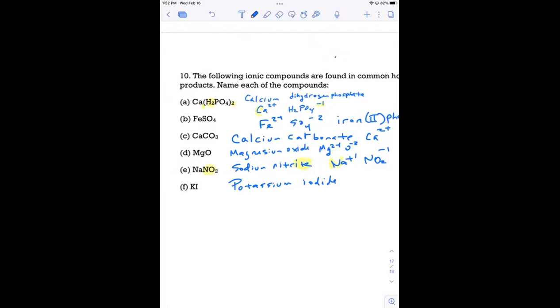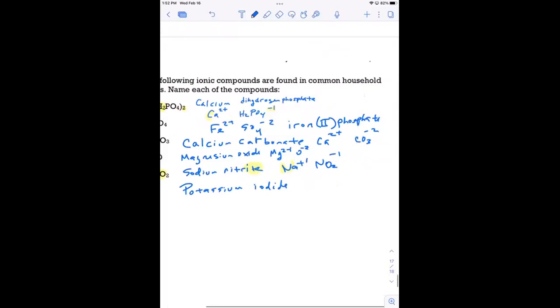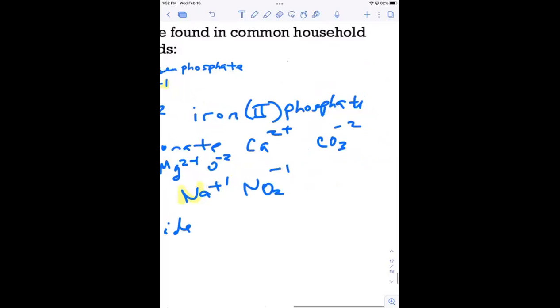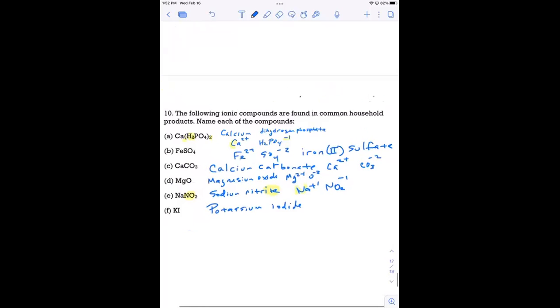Yes, it's iron 2. You wrote phosphate. Oh, did I put phosphate? Oh, my bad. Thank you for catching that. I appreciate it. Iron 2 sulfate. My bad.